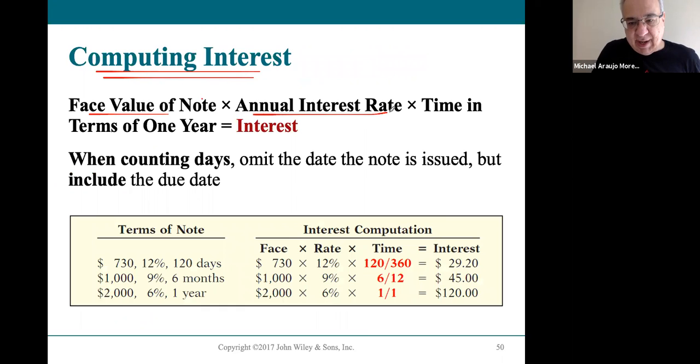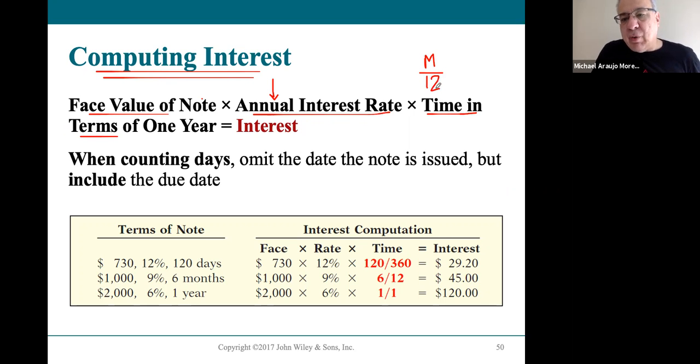Remember, the interest rate is an annual interest rate, which means it's all 12 months. So we can't stop right here. We have to multiply it by the amount of time that we are allowing. Time is going to be expressed either in months, so if it's in months, it's going to be the number of months over 12.